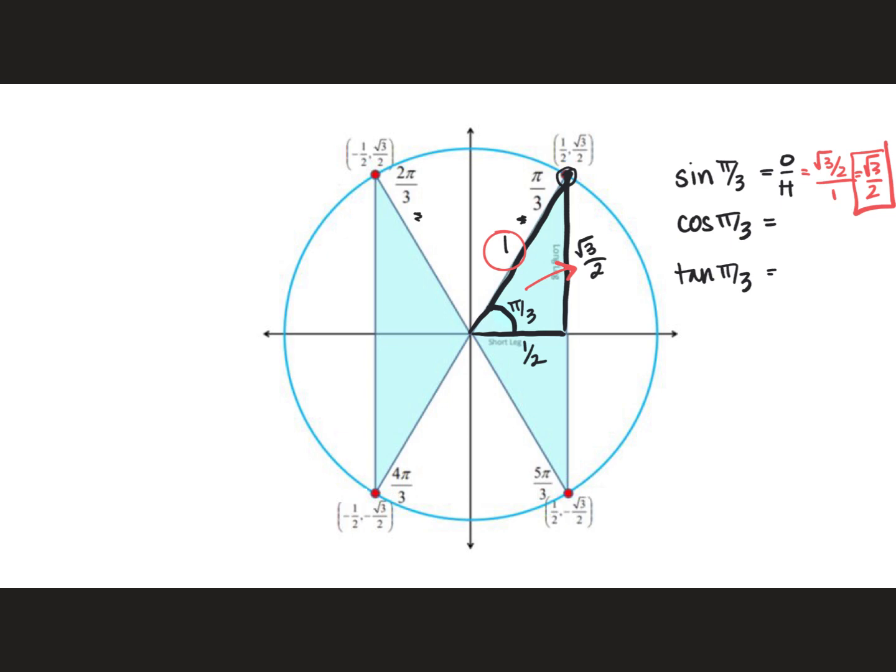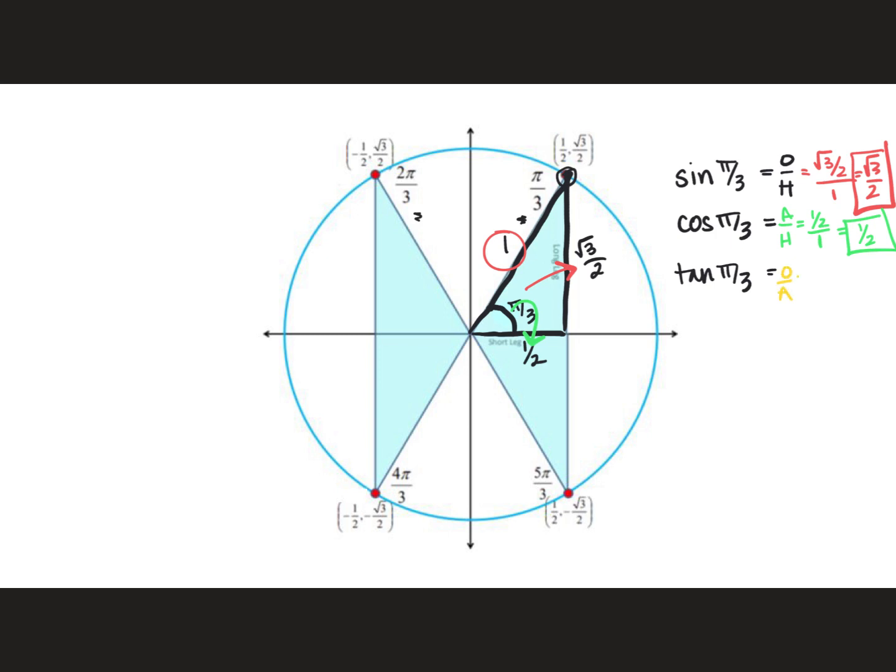Now let's keep going and take care of cosine. Cosine is adjacent over hypotenuse. The adjacent side is 1/2, the hypotenuse is still 1, and 1/2 divided by 1 is just 1/2.